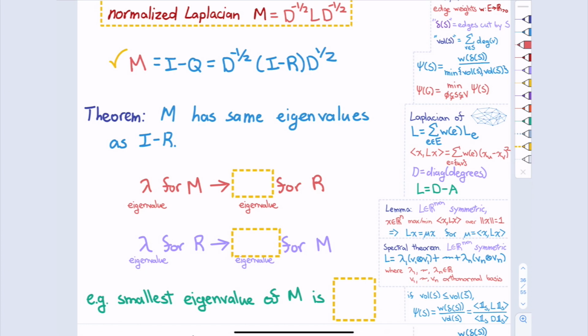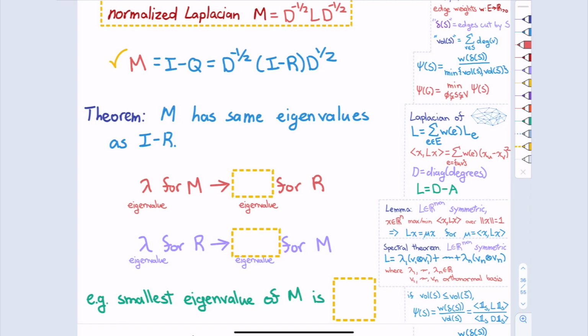So we've established that m has the same eigenvalues as I minus r. We also know a lot about eigenvalues of r. So if you have an eigenvalue lambda for m, it goes to what eigenvalue for r? Right now we have a direct correspondence between eigenvalues of M and eigenvalues of I minus R. But the eigenvalues of I minus R are closely tied to the eigenvalues of R because I is just the identity matrix.